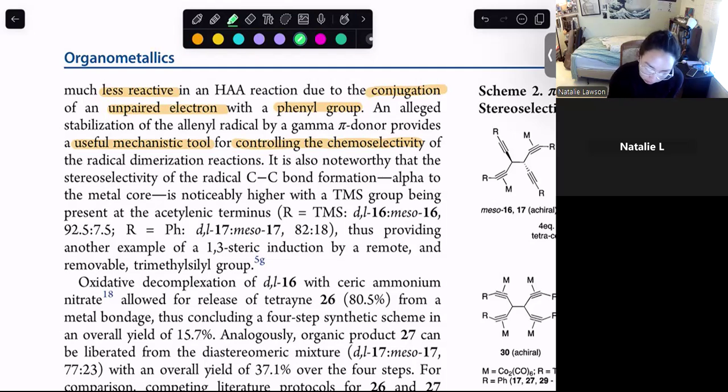Noteworthy that the radical C-C bond formation is often selective in the presence of the TMS grouping at the terminus. That's another example of 1,3-steric induction by a remote and removable trimethylsilyl group.